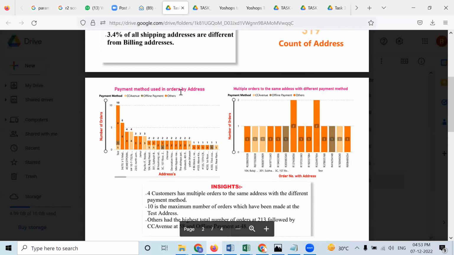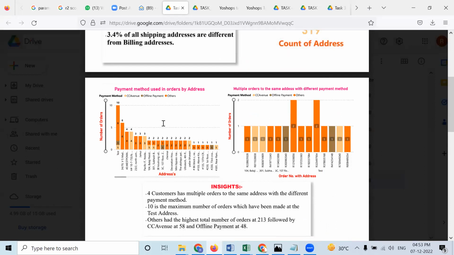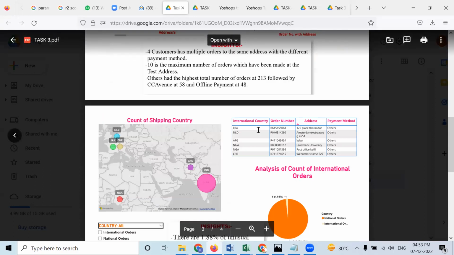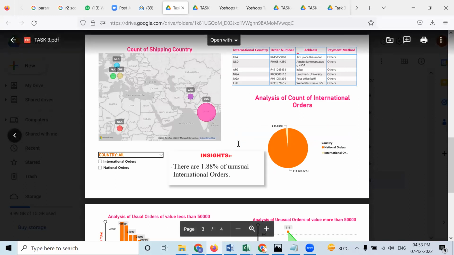Remove these others. They are not required over here. Okay. And in this case also, you have to use payment method over here. Then only you will get it in the correct way. Remove that others.